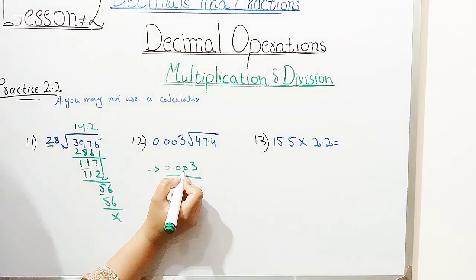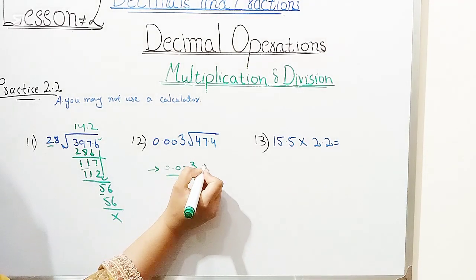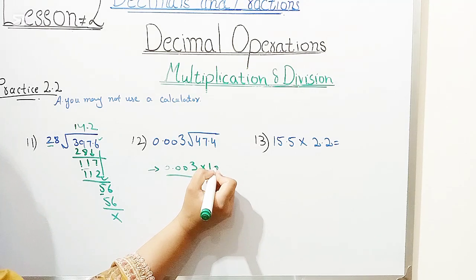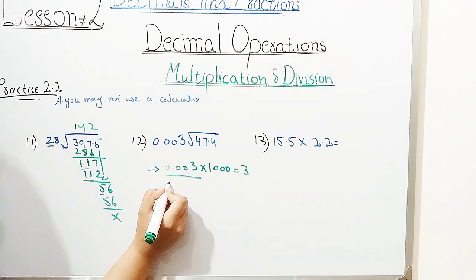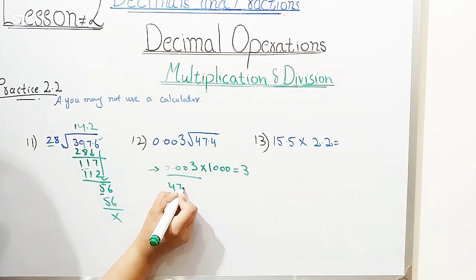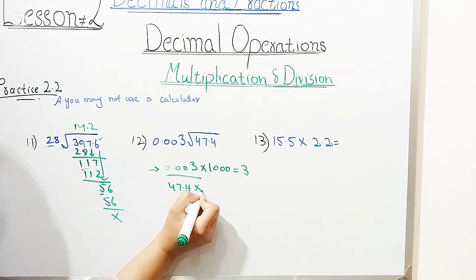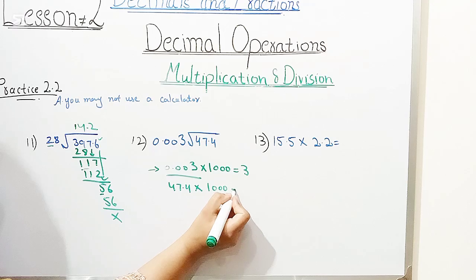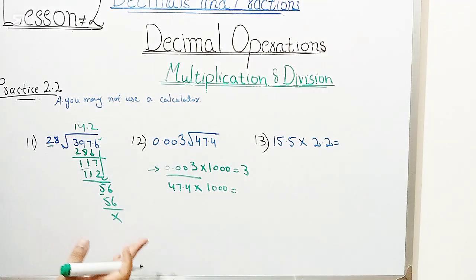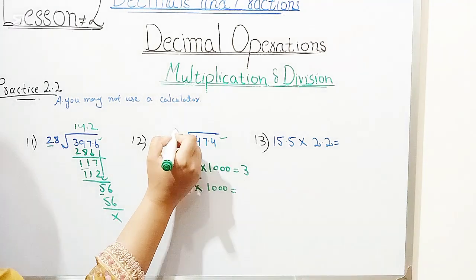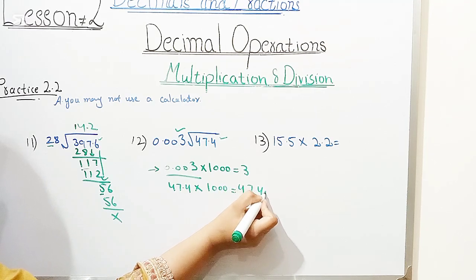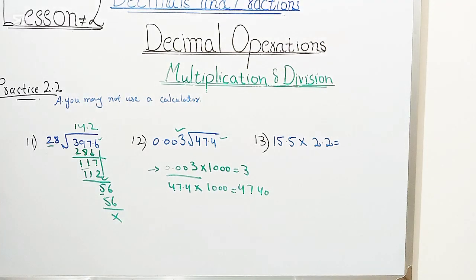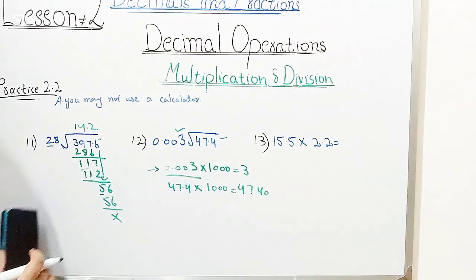So I will multiply 1, 2, 3, multiply 1000. Then it will become 3. So I will also multiply 47.4 with 1000. We will multiply 1000 to both values, divisor and dividend. It will become 44740.